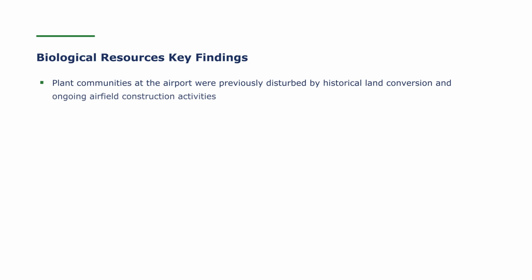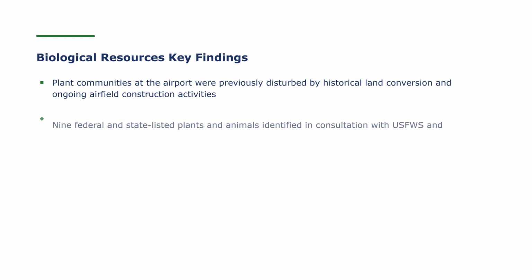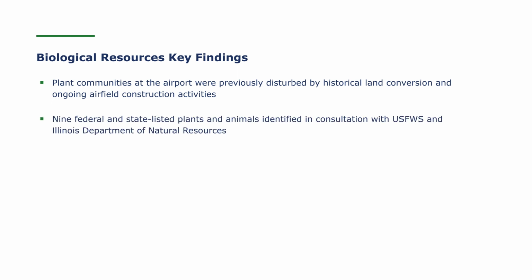Section 7 of the Endangered Species Act requires federal agencies, in consultation with the U.S. Fish and Wildlife Service, to ensure that the proposed project is not likely to jeopardize the continued existence of or destroy critical habitat of threatened and endangered species. 9 federal and state-listed plants and animals were identified through consultation with U.S. Fish and Wildlife Service and the Illinois Department of Natural Resources.